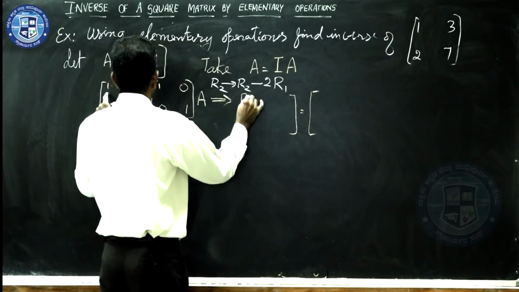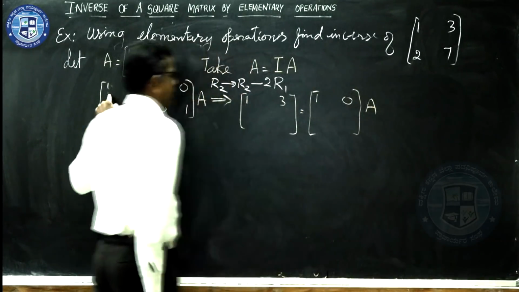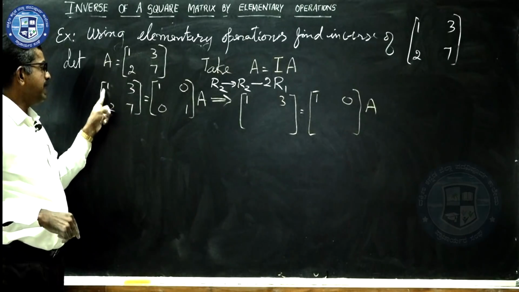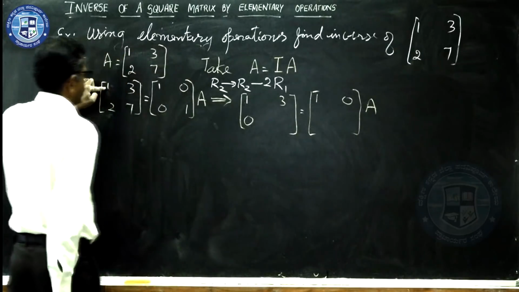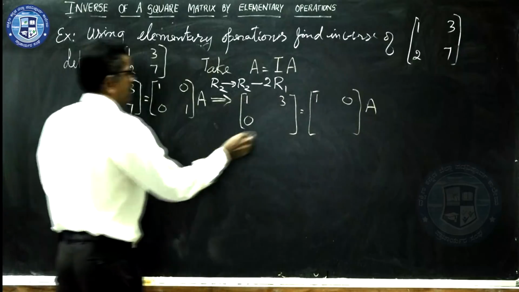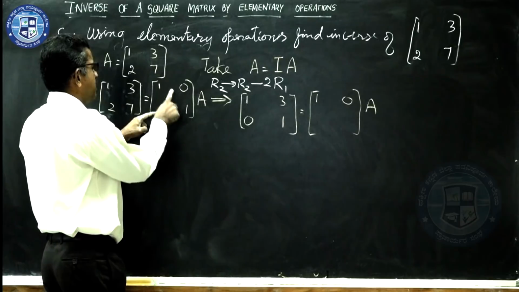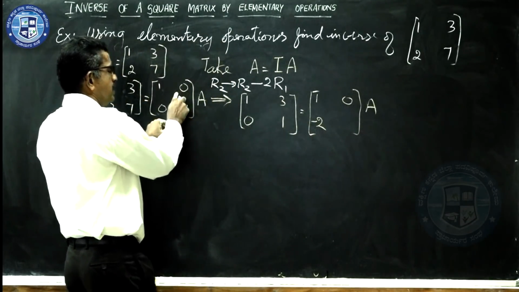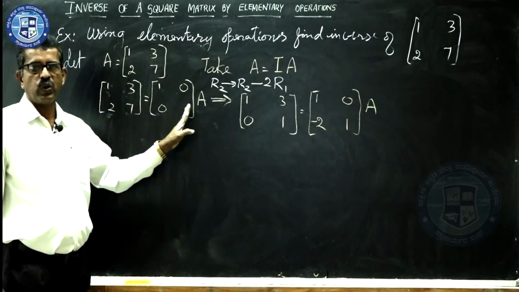Let me write the first row 1, 3, here 1, 0 into A. Second row changes here, second row minus 2 times this one: 2 minus 2 is 0, 7 minus 2 times 3, 7 minus 6 is 1. And then this minus 2 times this is minus 2, 1 minus 0 is 1, 1. Are you clear? Okay.